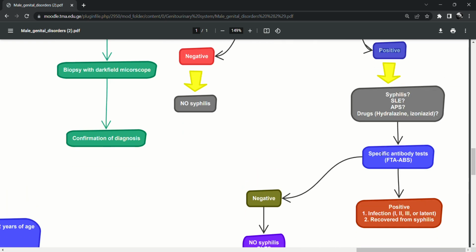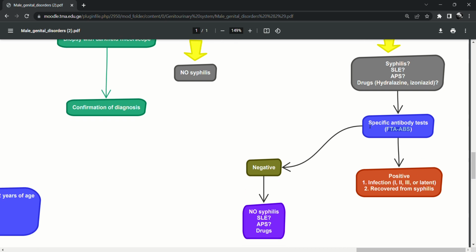So then we do a specific antibody test, which is the FTA-ABS test. This is specifically against treponemal antigen. In this case, if it's negative, there's no syphilis, right?